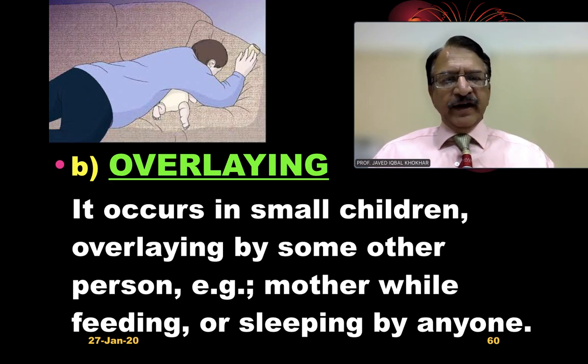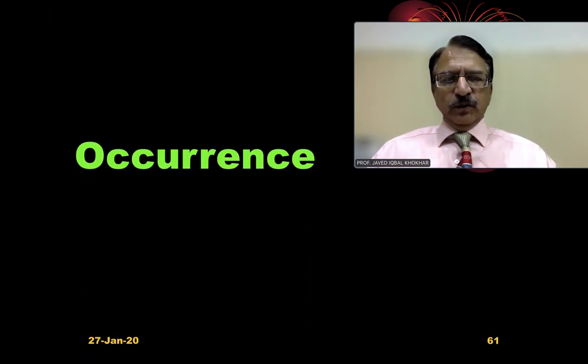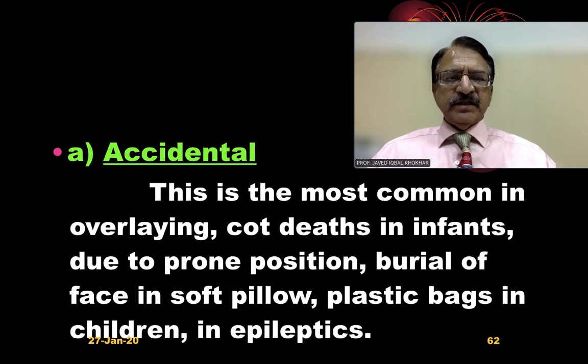They are overlaid by someone sleeping by their side, either the mother, the father or anybody who is sleeping by the side. Now the manner is accidental, suicidal or homicidal. This is most commonly accidental in overlaying.